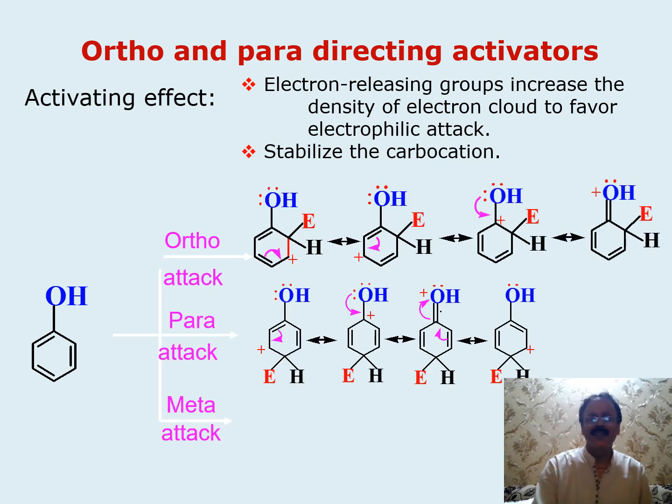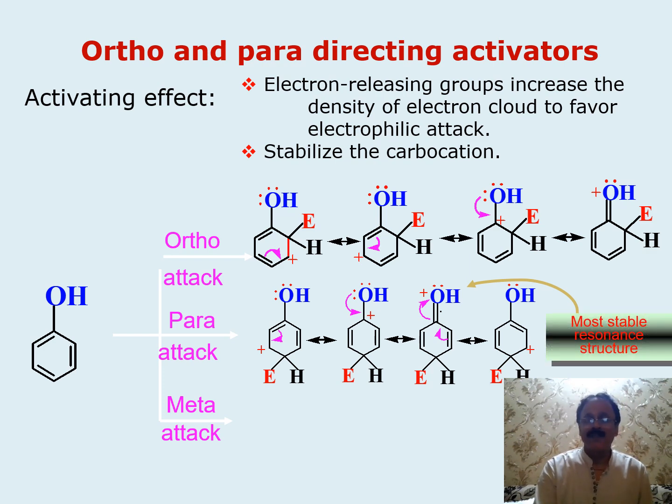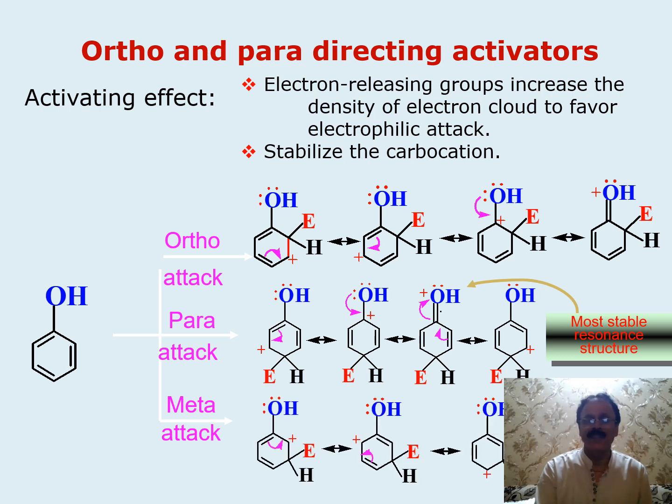So now we can explain that when electrophile attacks on ortho position, there is formation of these four resonating structures of the carbocation. When electrophile attacks on the meta position, again there is formation of four resonating structures of the carbocation, and this structure which I have marked with the arrow is the most stable resonating structure.